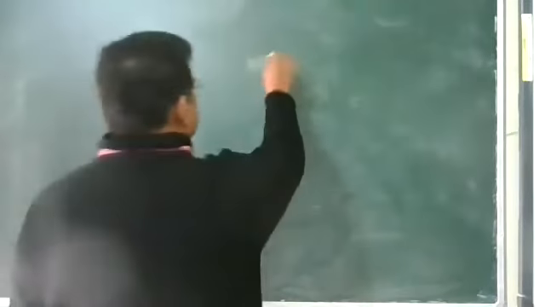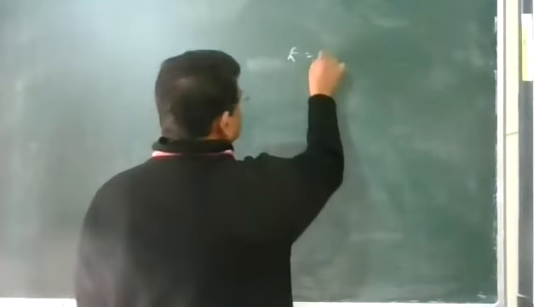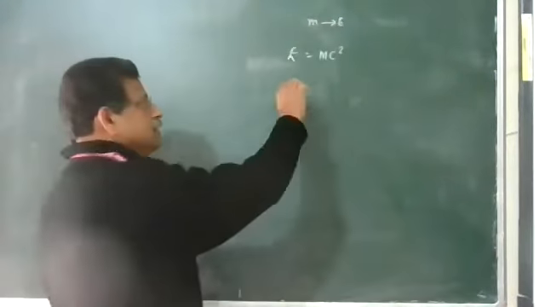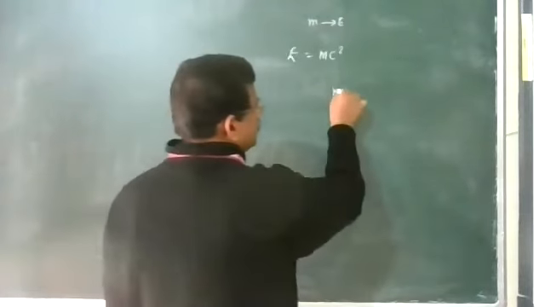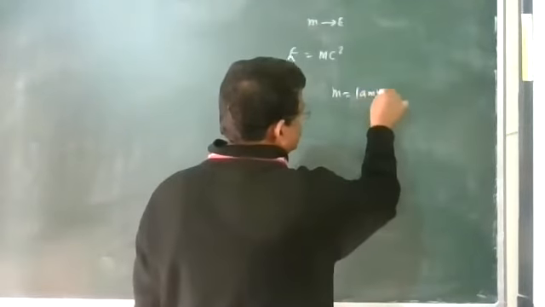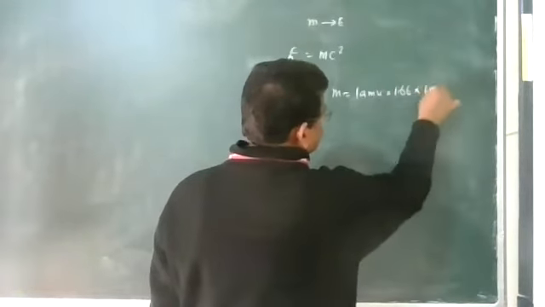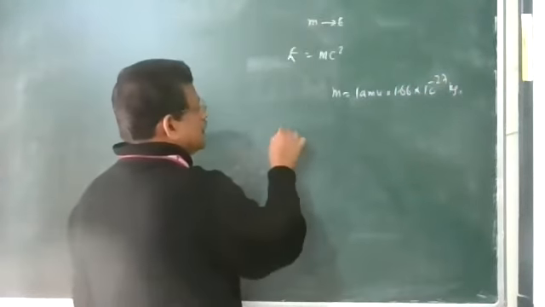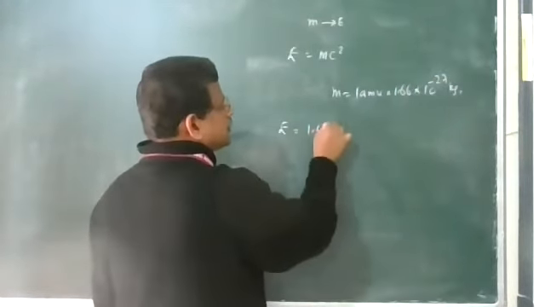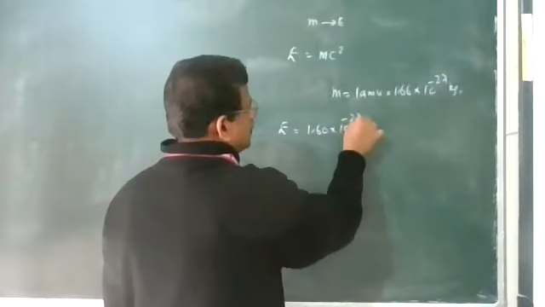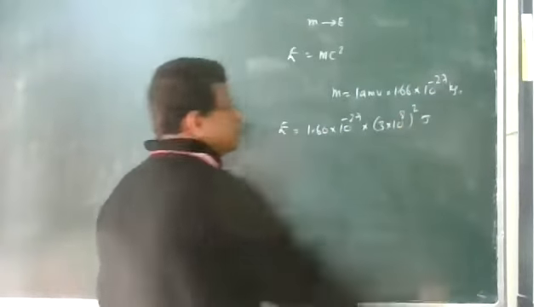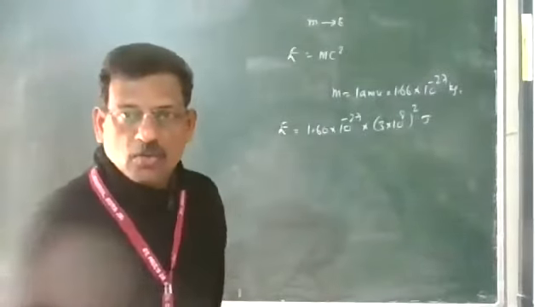Energy is E equal to mc square. Mass is converted to energy according to Einstein's equation E equals mc square. Here 1 AMU is equal to 1.66 times 10 to the power minus 27 kilogram. So energy is equal to 1.66 times 10 to the power minus 27 times the square of the speed of light, in joules. But we have to represent this in electron volts.